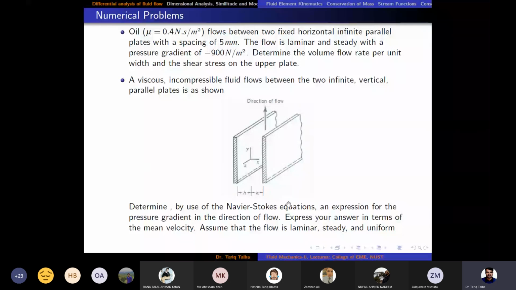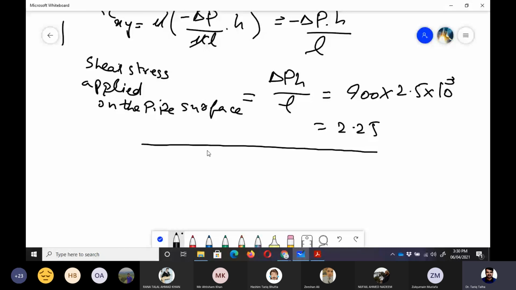So the flow is laminar, steady, and uniform. Because this is a y-direction problem, we need to consider the y-direction momentum equation. Let's write that equation here.